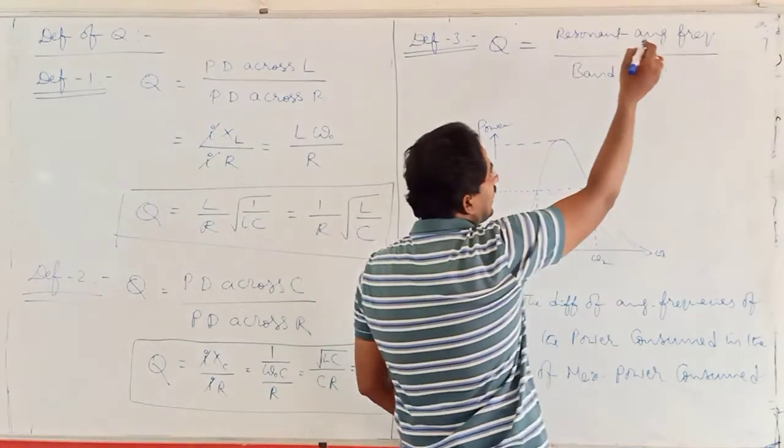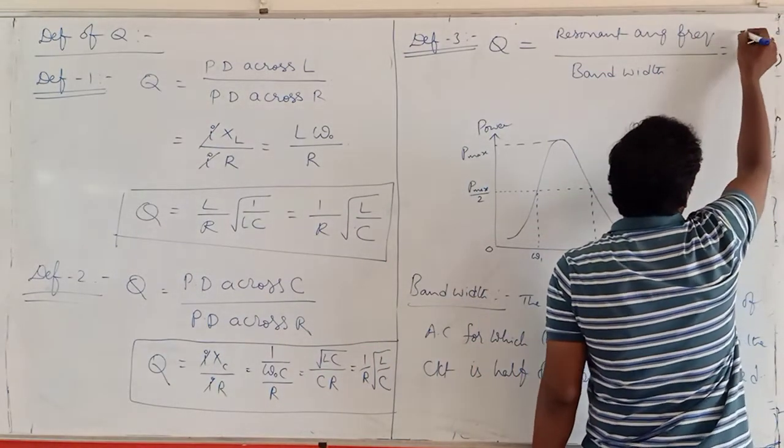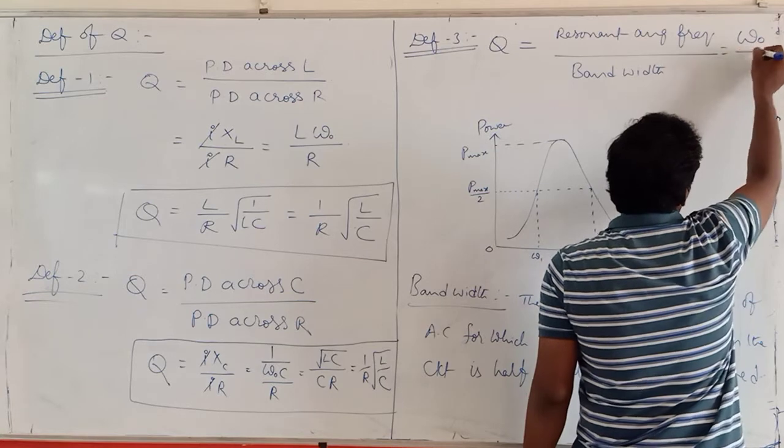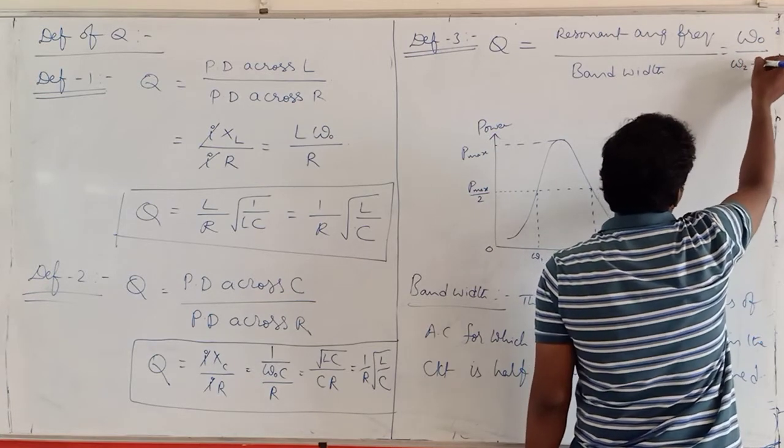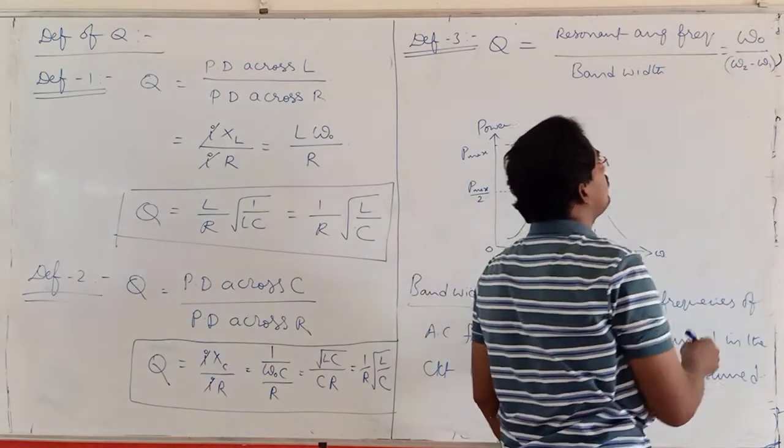So here, resonant frequency omega naught is divided by the difference of frequencies, omega 1 and omega 2 difference.